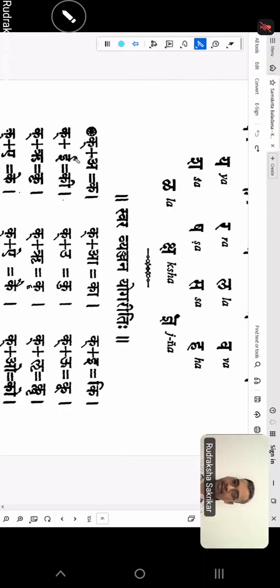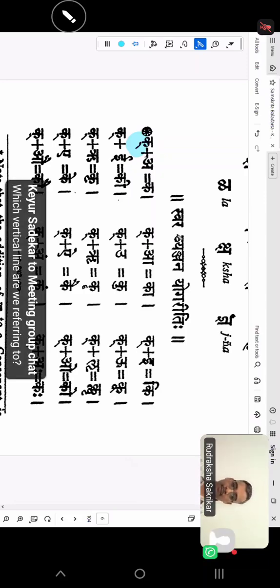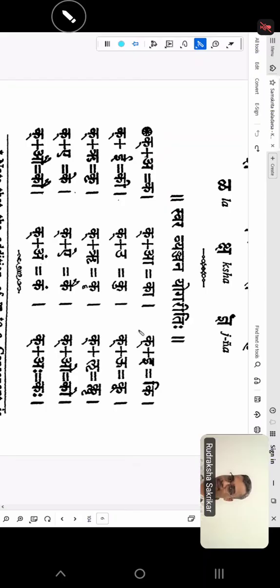So the vertical line is basically the symbol of akara, and whenever this particular sign is given, it means we are removing that akara, that vowel, from that combination, and now it will be the pure consonant. But again, the problem is that if it is only consonant, we will not be able to articulate that.